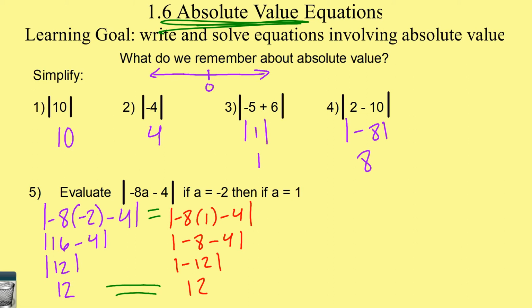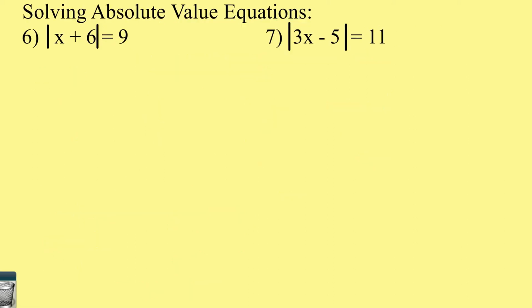Okay, so let's solve an equation. Okay, we have the absolute value of x plus 6 is 9. Well, we can solve that as just x plus 6 equals 9. All right, so then we know, obviously, that gets us x equals 3. Well, let's also think, the absolute value of what is also going to be 9?